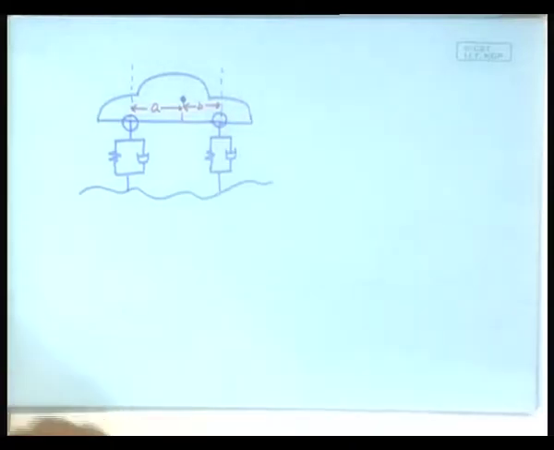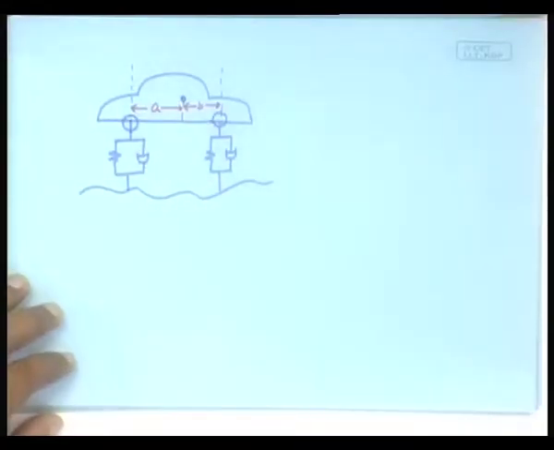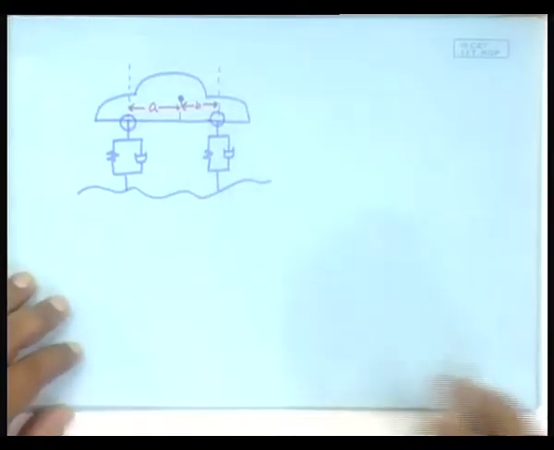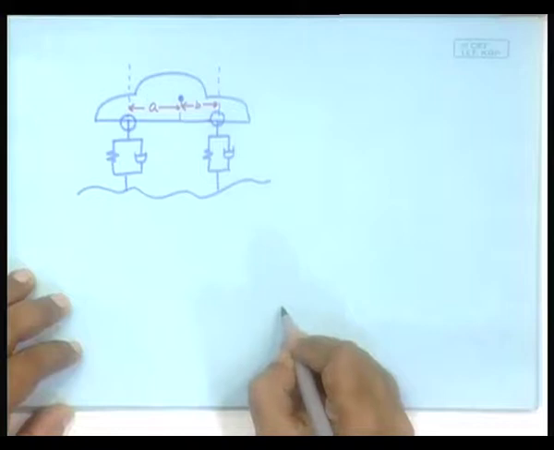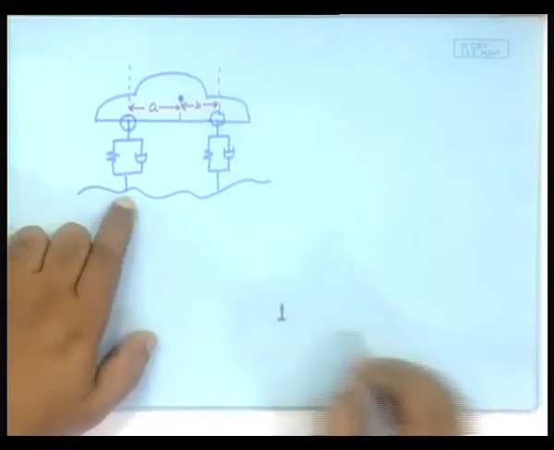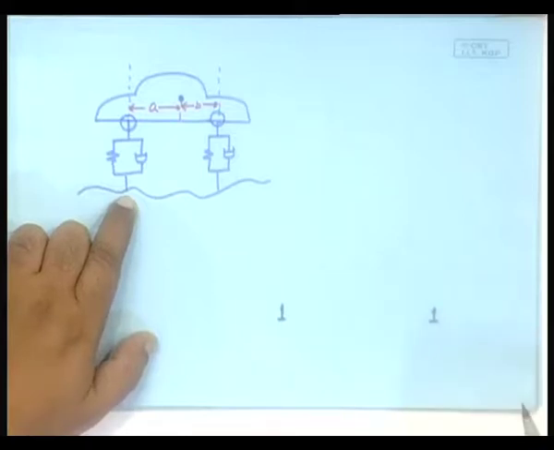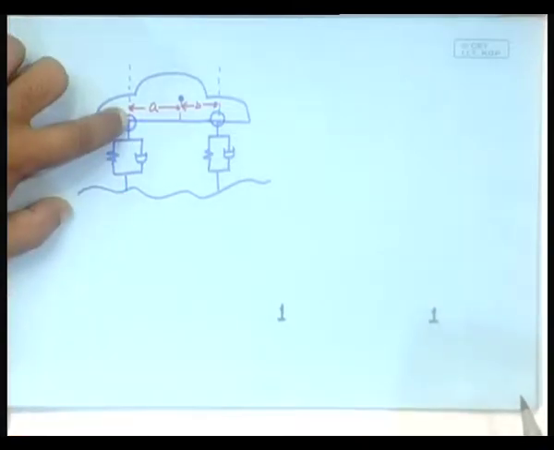Now, how to make the bond graph of this? First, identify the velocity points. Where are the velocity points? 1, 2, direct. So, let us start with this 1, 2. Velocity points will be 1 junctions. So, there will be a 1 junction here corresponding to this, another 1 junction here corresponding to that. There will be a 1 junction here, another 1 junction here.